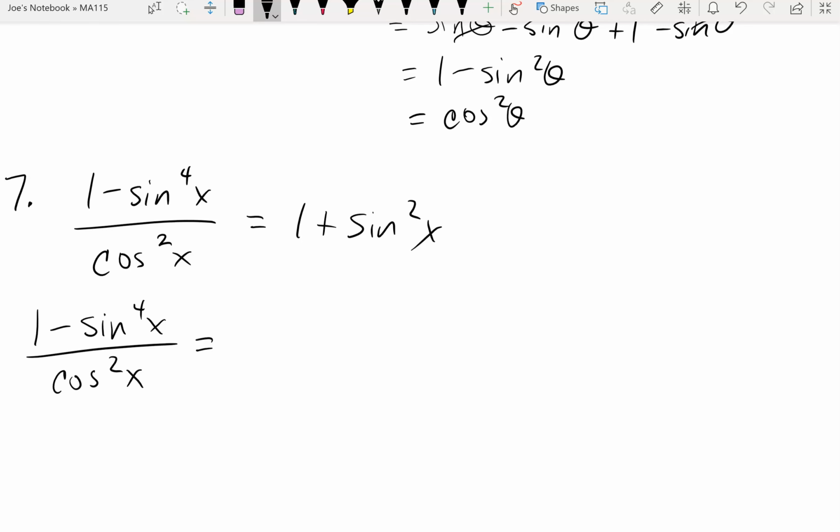Now, there is another trick that we can do with this to help us out. I can think of the sine to the 4th as a sine squared squared. That's certainly true, right? A 4th power is just a square that's been squared again, correct?